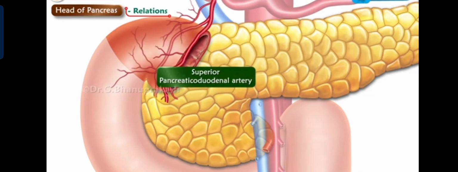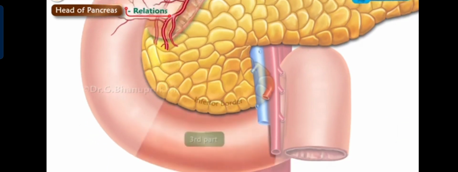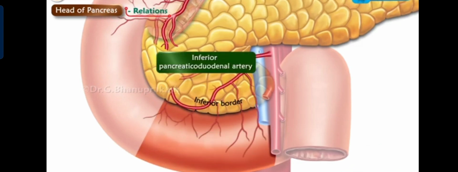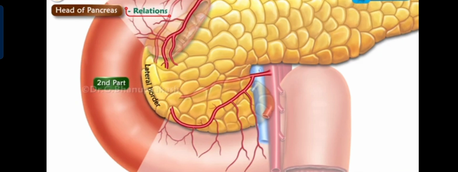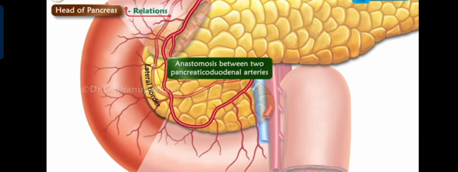Next is the inferior border, which is related to the third part of the duodenum and also the inferior pancreaticoduodenal artery. Next is the wide border, that is the lateral border, which is related to the second part of the duodenum and also the anastomotic channels between the 2 pancreaticoduodenal arteries.